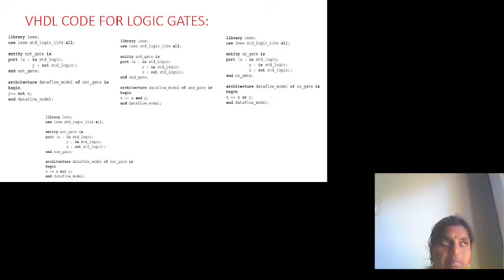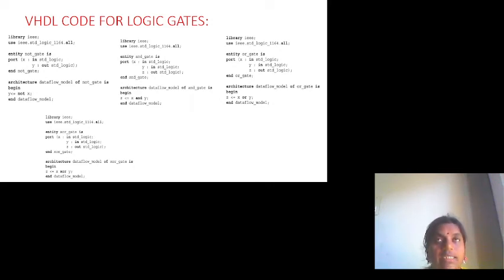So whatever may be the input ports represent by means of in and its data type. Similarly represent all its output ports with its data types within the ports declaration part. So this port declaration part has to be included in an entity.